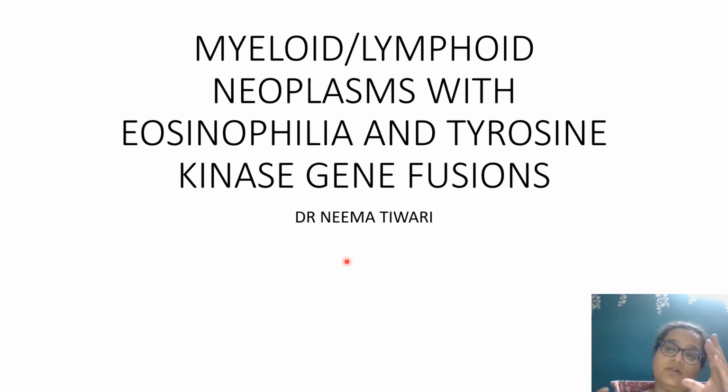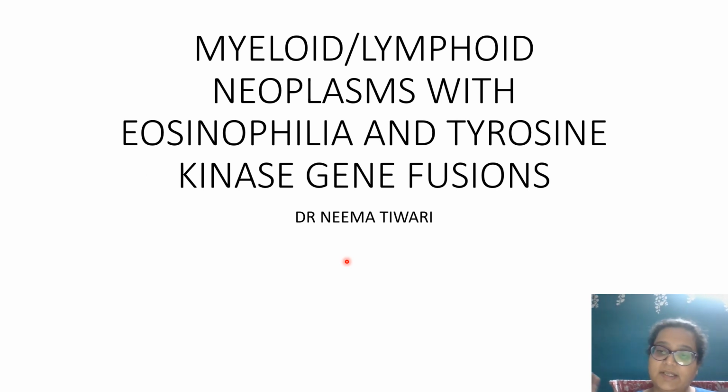Tyrosine kinase plays a role in almost all solid or hematolymphoid malignancies, a large part of it, not all. But the major stress that we used to give while using the term tyrosine kinase was on CML.